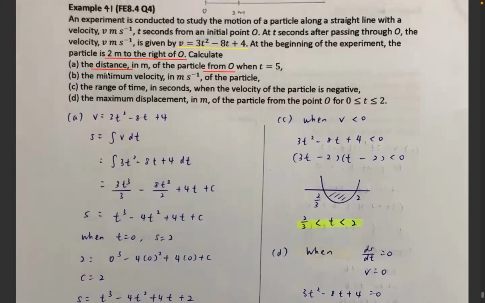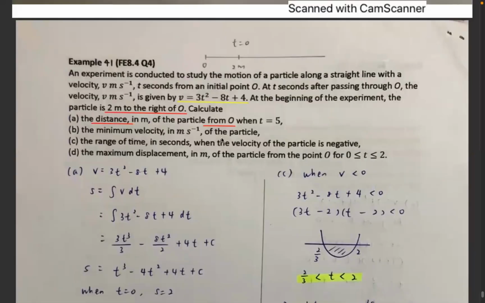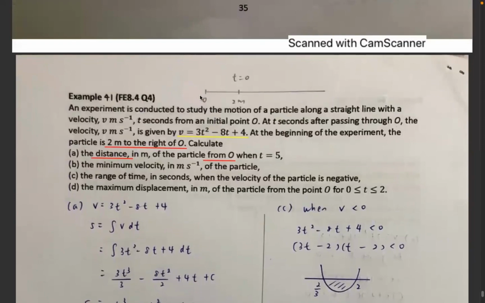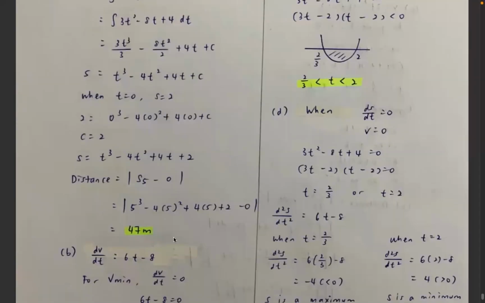Then let's calculate the distance of the particle at t equals 5 from O. At t equals 5, the displacement of the particle is found by substituting 5 into the displacement function. And at the fixed point O, s equals 0. So that's why minus 0. So we have the answer 47 meters.